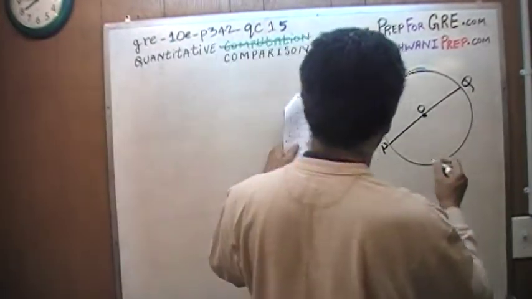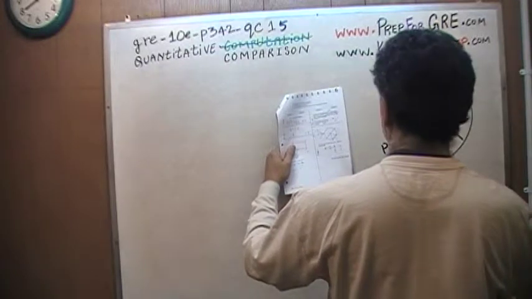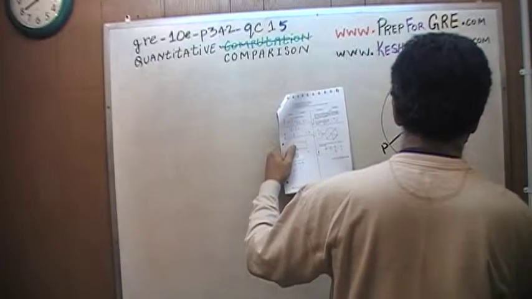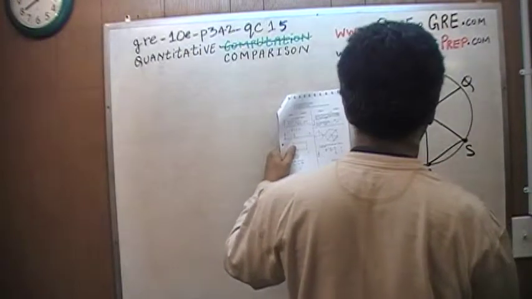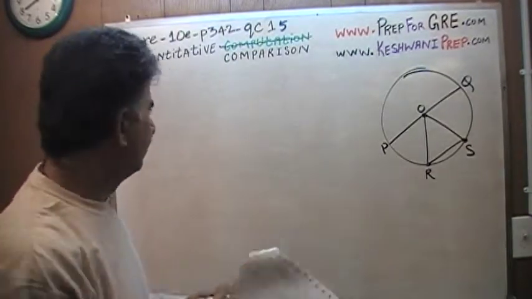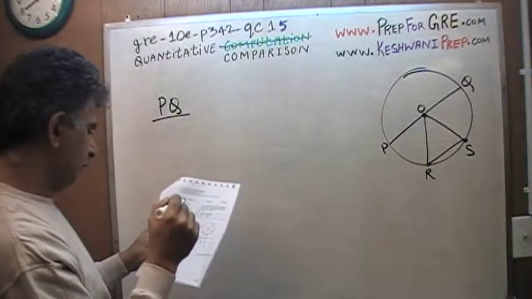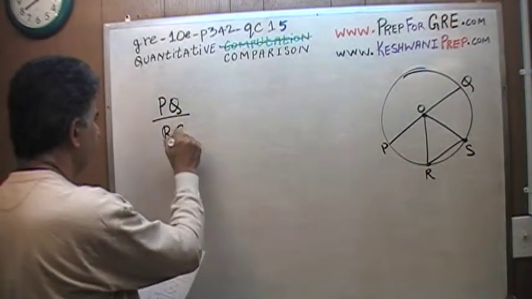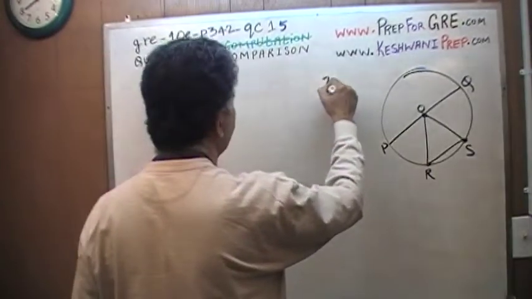And then they give you a picture like this. They want us to compare the ratio of P to Q over R to S versus 2 to 1.